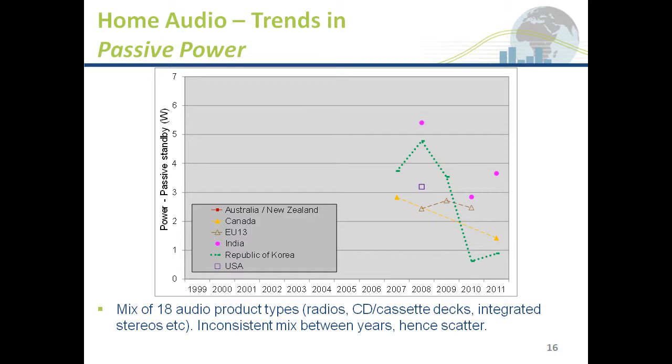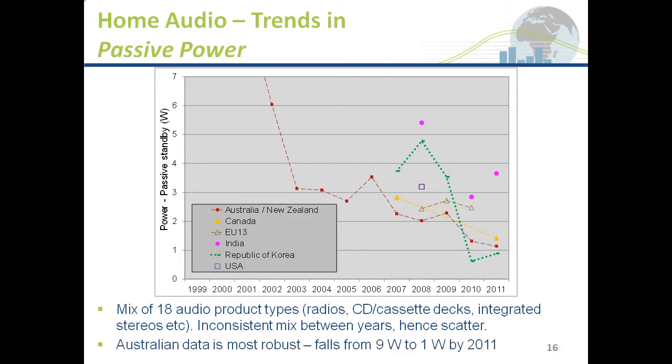It contains radios, CD, cassette decks, integrated stereos, etc. It doesn't include any portable equipment, but even so, there is a wide range of possible products in this category, and it's likely that the mix of products in any given year changes significantly, and probably is what gives rise to the large amount of scatter that you see, ranging between less than 1 watt up to nearly 6 watts as an average for any given year. So it's difficult to draw any firm conclusions from that particular data set, although it is the second most numerous in our analysis.